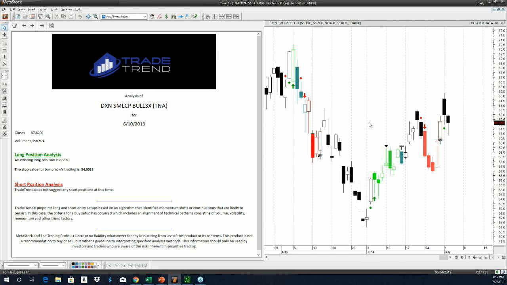But if you're more of a visual person, I do like how Metastock changes the colors of the candles to go along with what the commentary is telling us to do. So that's really nice. All right, so those are the basic things that you want to understand: the diamonds signify a potential setup. The arrows are where the trade would trigger based on the instructions for the entry price in the commentary.